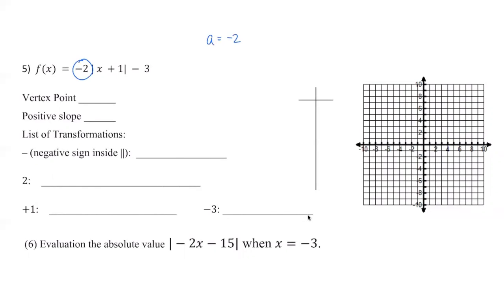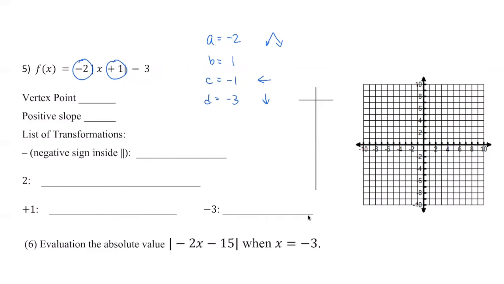We are anticipating an upside down V, and it's going to be pretty slim too. The +1 right here is going to be the C value of -1. That means we're shifting left by 1 unit. The D value is -3. That means we're shifting down by 3 units. There's nothing sitting in front of x, so the B value is 1.